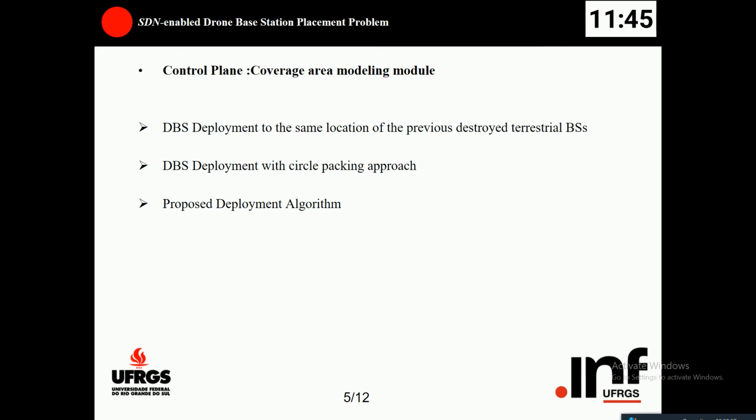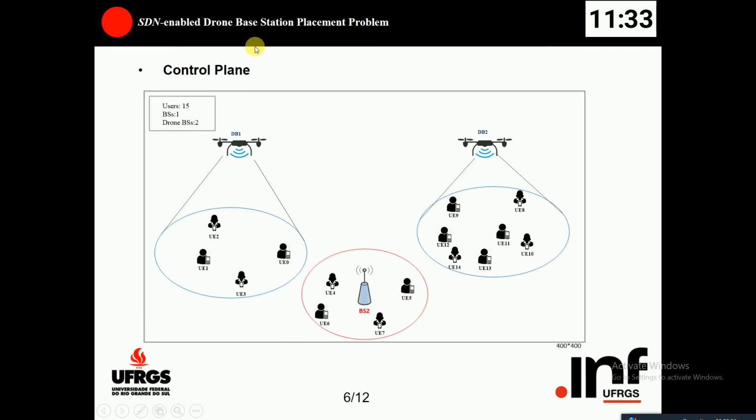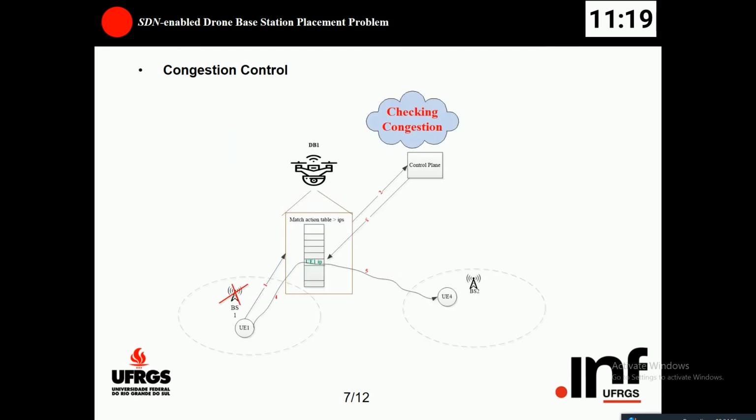Other research uses the circle packing approach, and the most important and hardest part is proposing a new deployment algorithm. For simplicity, I've chosen the first one, and I've sent the drones to the locations where the base stations failed. As well as this, I've tried to implement a small congestion mechanism.